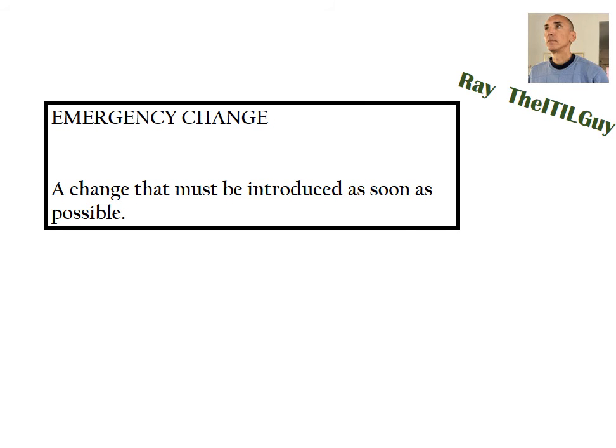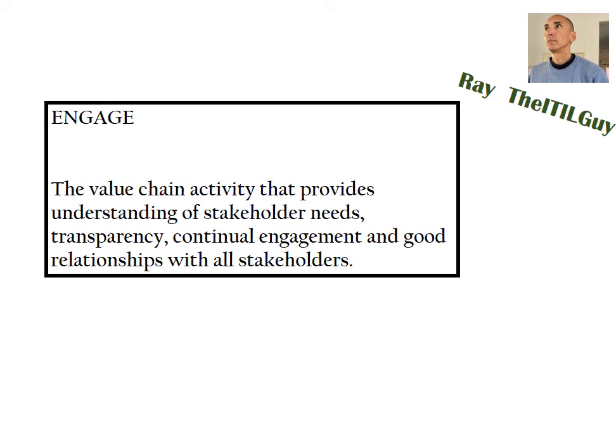Emergency change is a change that must be introduced as soon as possible. What is engage? Engage is the value chain activity that provides understanding of stakeholder needs, transparency, continual engagement, and good relationships with all stakeholders.